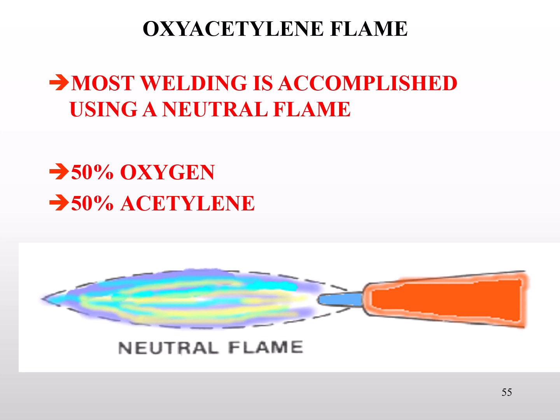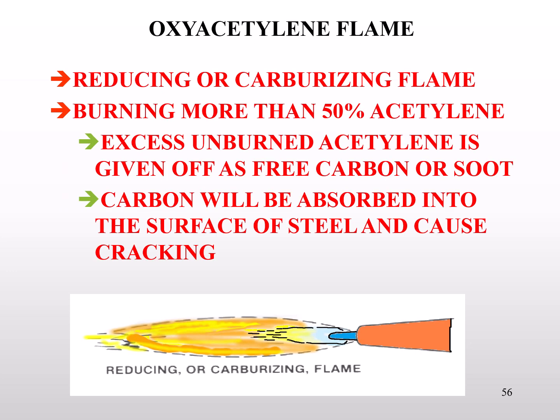Another type of flame that you'll be required to make and recognize is a reducing, or commonly called carburizing, flame. In a carburizing flame, we're actually burning more acetylene than oxygen, and the free acetylene or free carbon is given off.